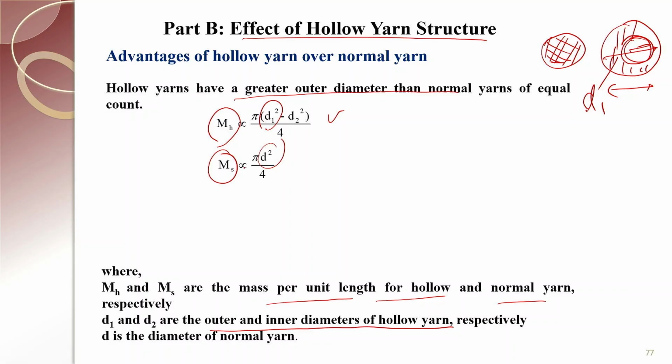Here, in this case, if the mass per unit length of hollow yarn MH and the solid yarn are to be equal, then d1 has to be more than d. Here the diameter is d.